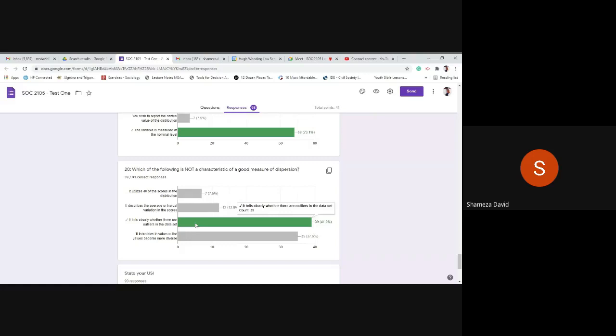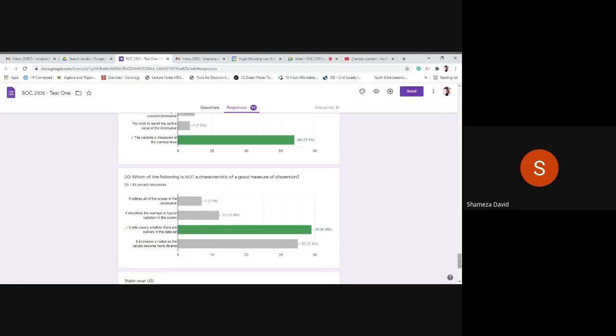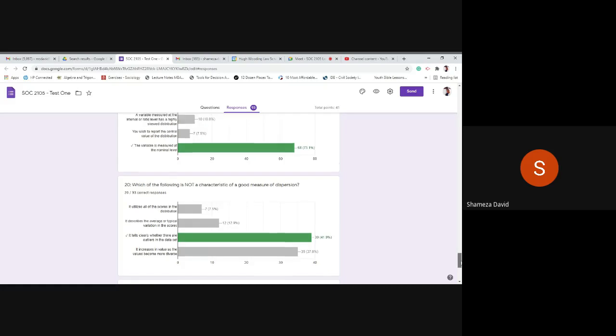So this you don't get from your measure of dispersion. Less than half of the class got this one correct. It did require a bit of thought, but I think going back to the notes would possibly have helped to some extent.